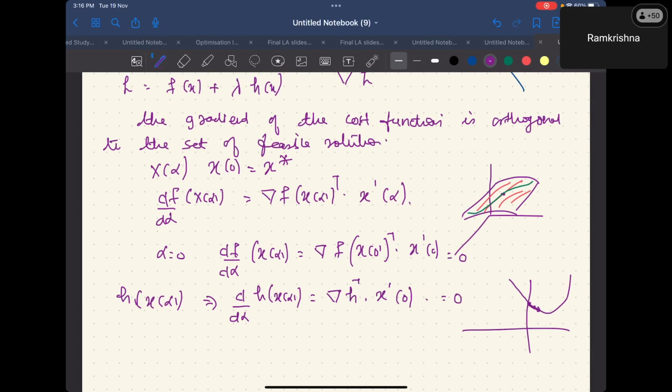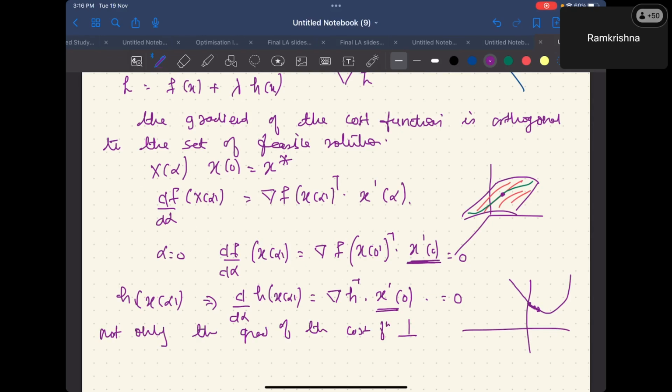So okay, now what about these directions that I generate? Not only is the gradient of the cost function perpendicular. If I look at a curve parameterized by alpha, this is the point x star.